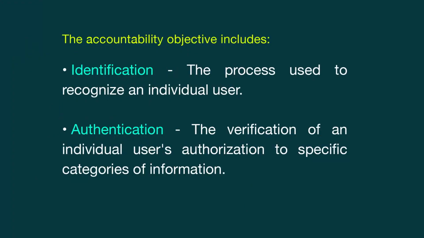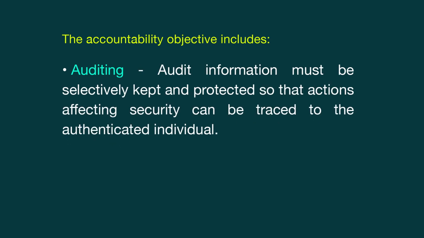First one is identification, the process used to recognize an individual user. Second one is authentication, the verification of an individual user's authorization to specific categories of information. The last one is auditing. Audit information must be selectively kept and protected so that actions affecting security can be traced to the authenticated individual.